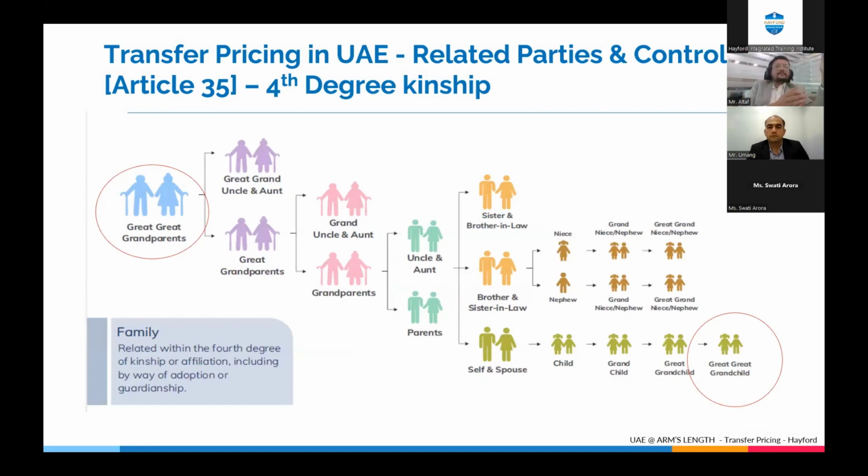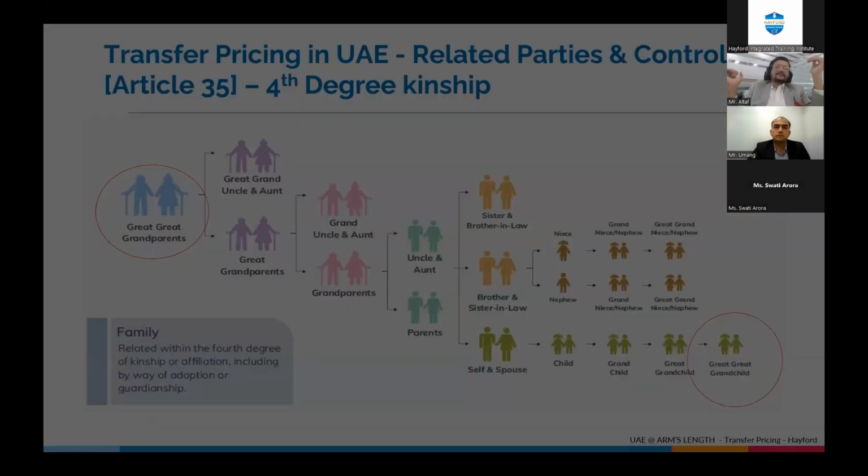The great grandparents would be the third degree of kinship, then naturally the grandparents, that is the second degree. Then parents, which is the first degree of kinship, and then it goes on. Actually, it will go on to the next generation as well. Very comprehensively prepared pictorial presentation. So we can go to the next.